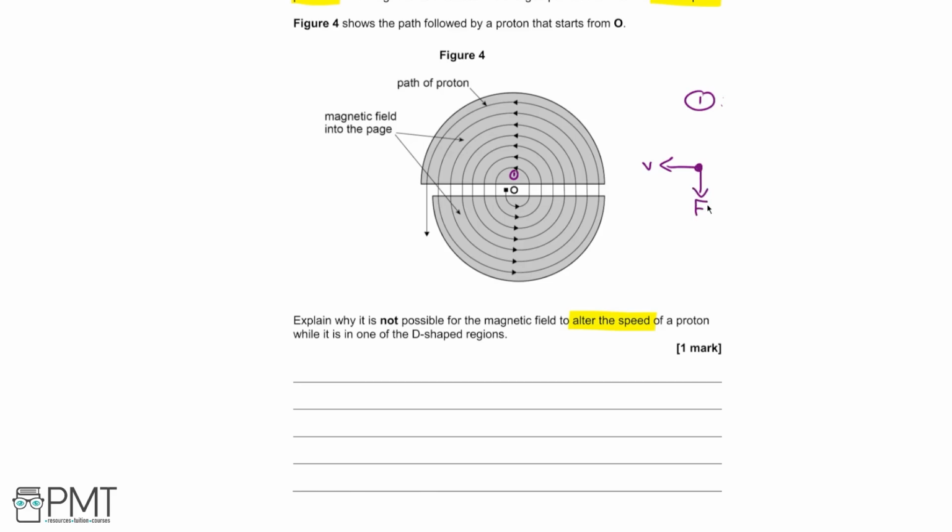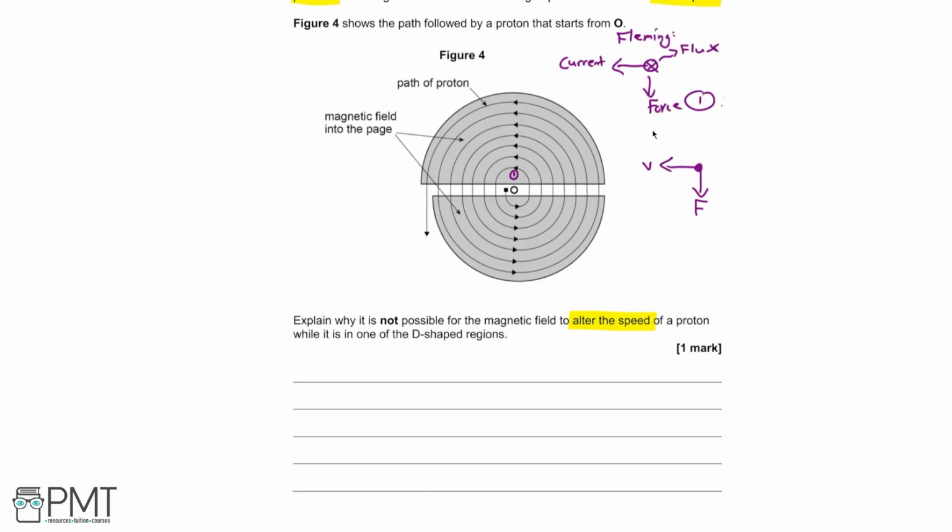To see this, you can use the fact that a proton is a current. We have the flux into the plane of the paper. And then that causes there to be a force going downwards. You can verify this by using Fleming's left-hand rule. Note that the proton moving in the direction of its velocity constitutes a current because it is a moving charge.